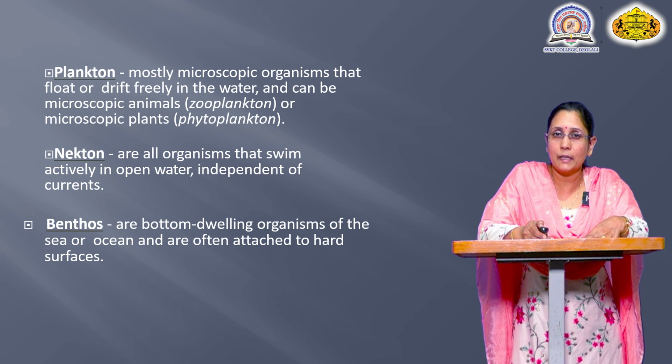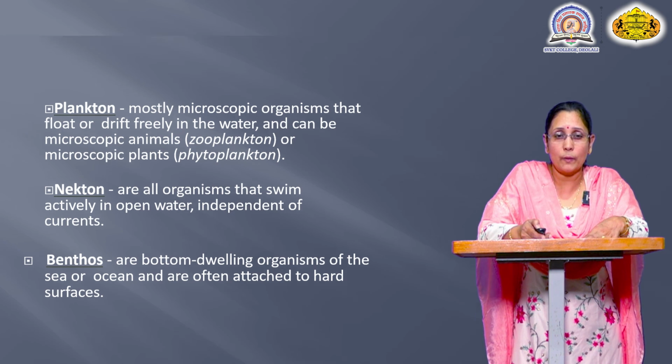The name itself indicates these are bottom dwelling organisms. It has been observed that these bottom dwelling organisms of the sea or ocean are often attached to hard surfaces, which we call rocks. So these are the three different kinds of organisms which live and survive in the aquatic ecosystem.